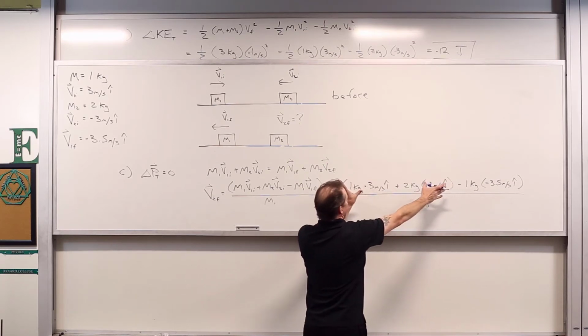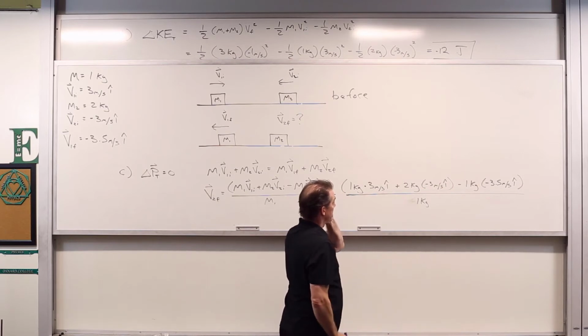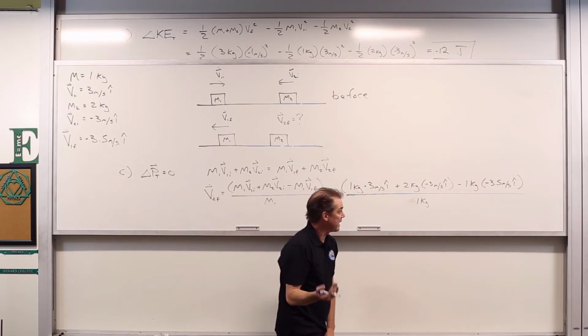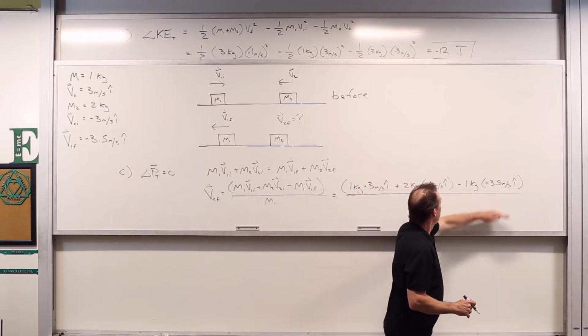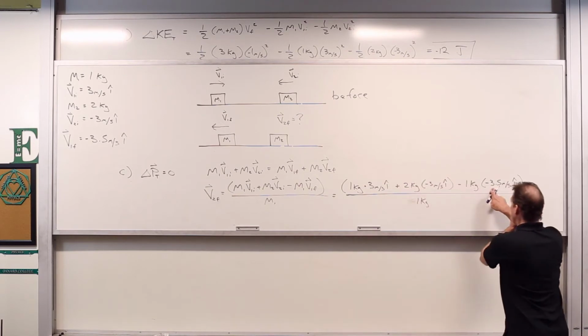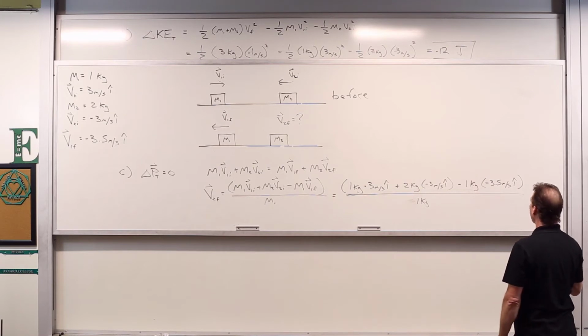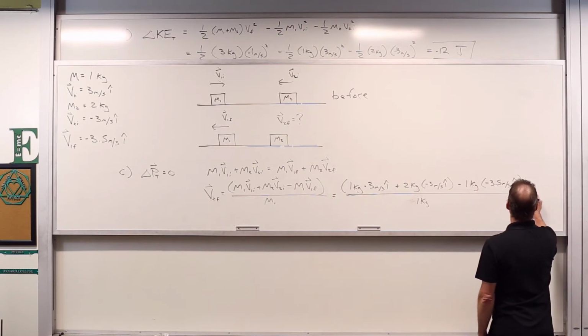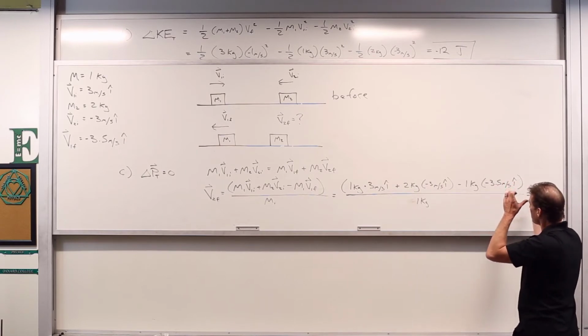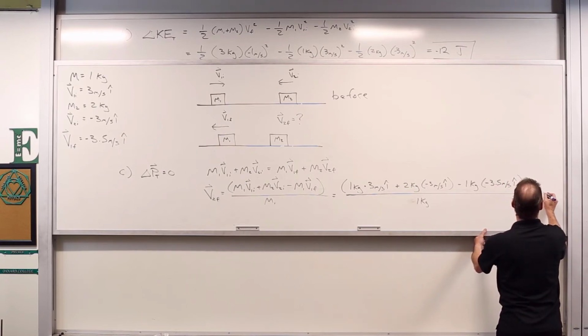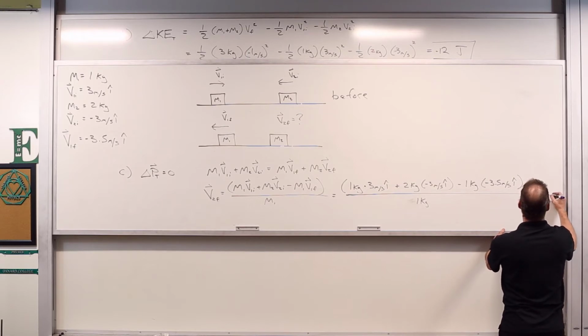So these two momenta add up to be negative 3 kilogram meters per second I hat. Let's subtract off this, which is going to give us a positive 0.5 kilogram meters per second I hat, divided by 1. And we've got ourselves 0.5 I hat.